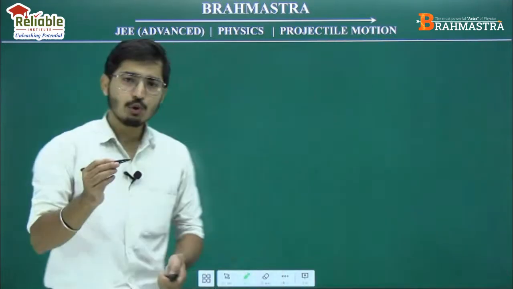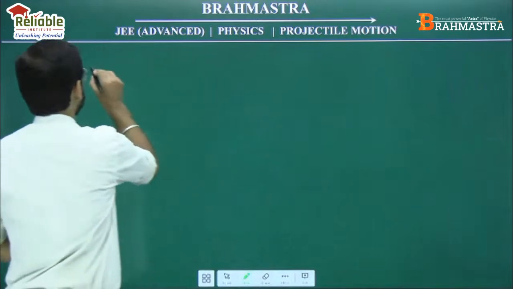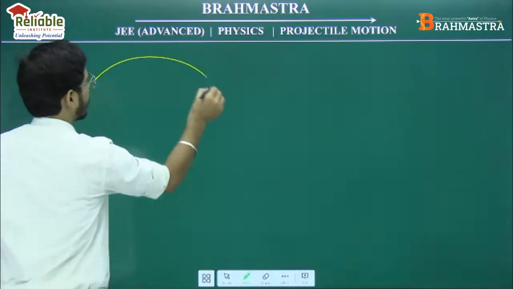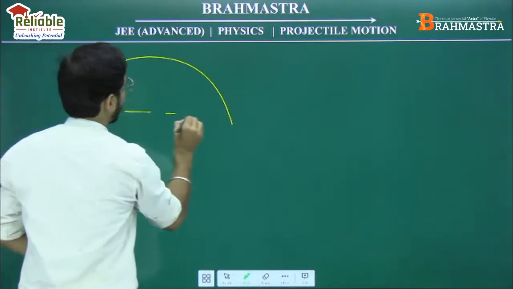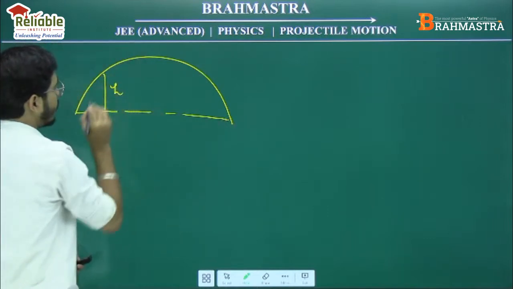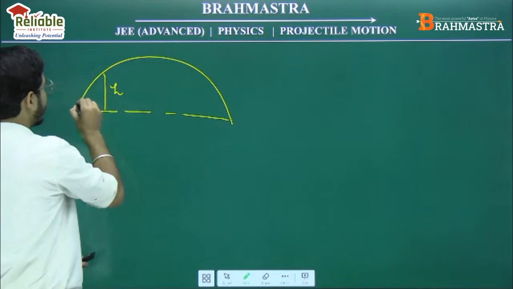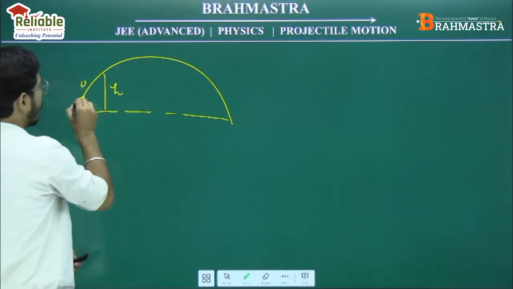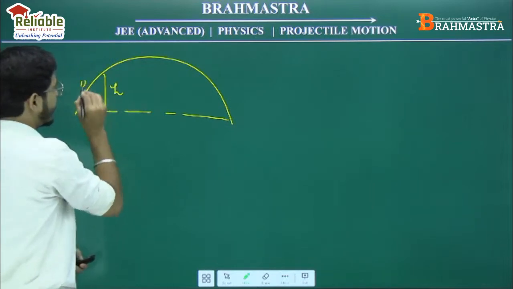Next, I am going to put more light on the equation. Suppose there is a parabola, and it goes to a height h. The initial velocity is u, and the angle of projection is theta.